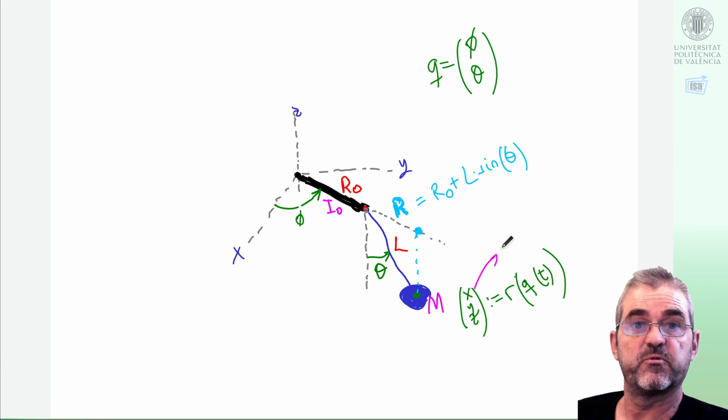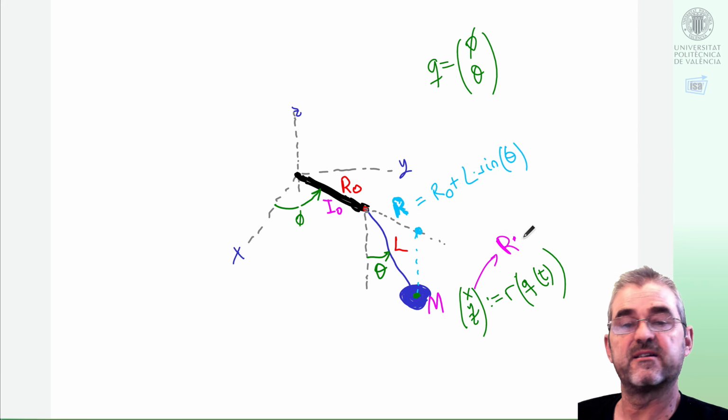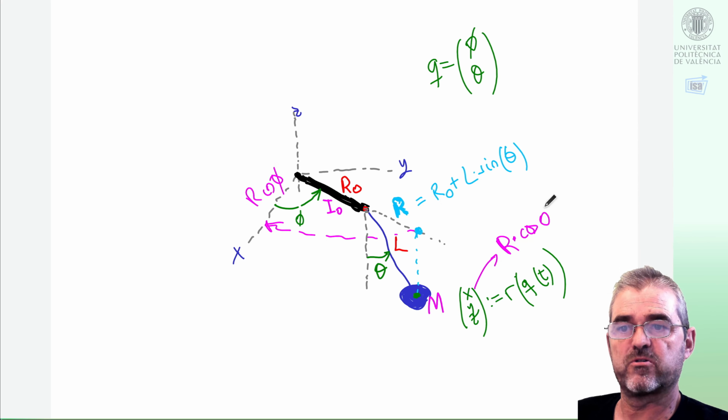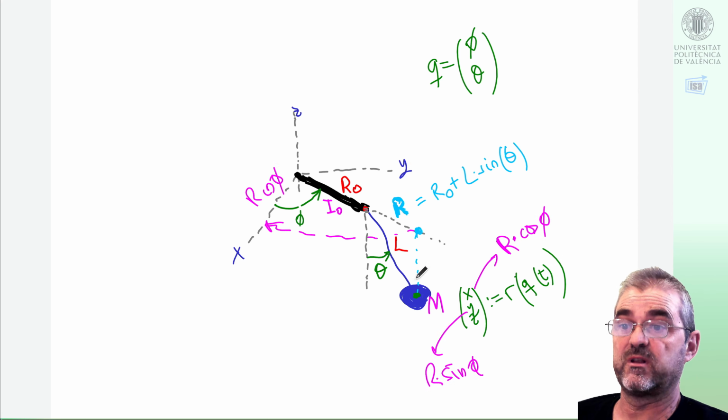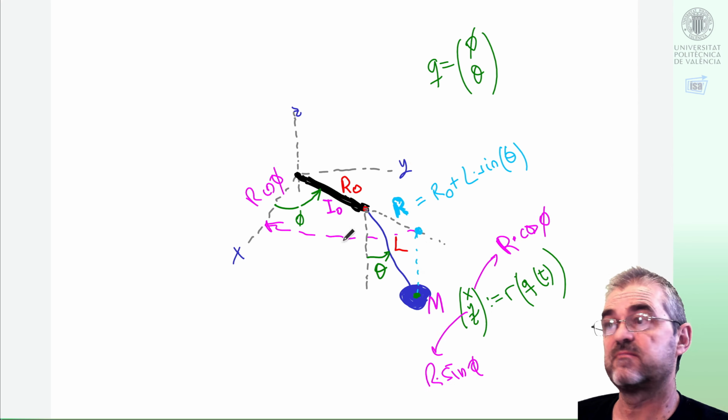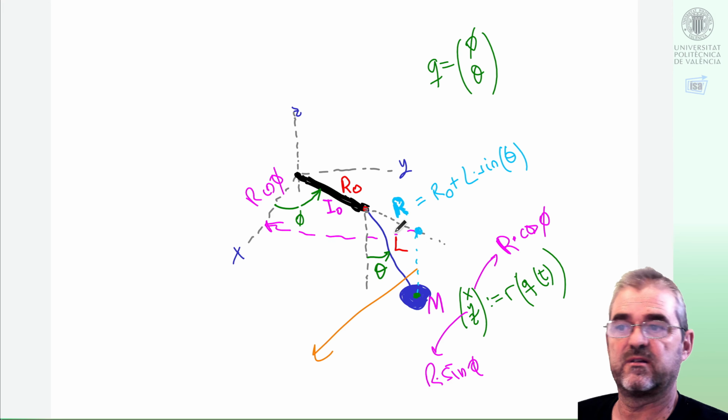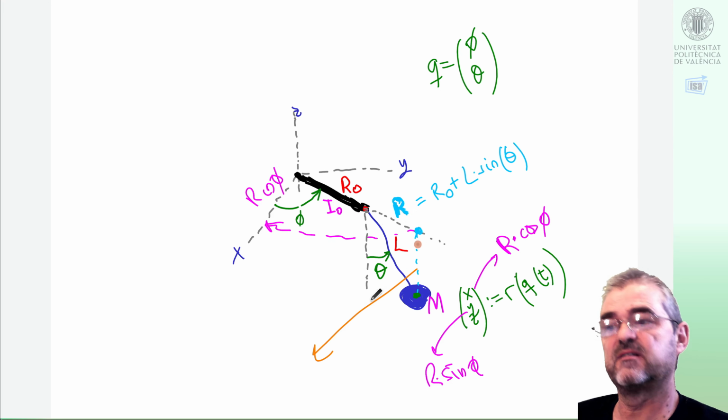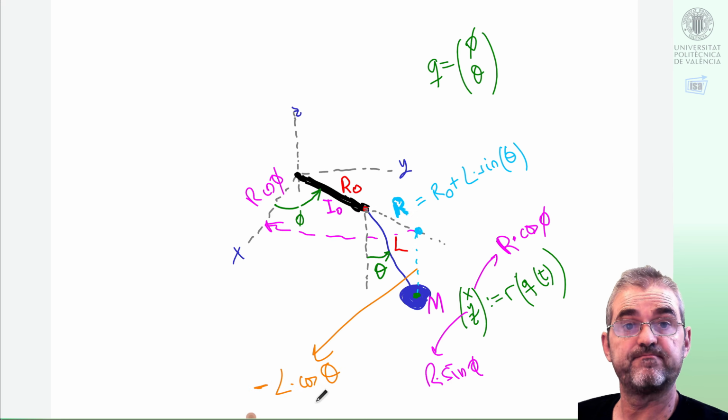So x will be this capital R times cosine of phi, and y will be R times the sine of phi, and the z coordinate will be down from this level, minus L times cosine of theta.